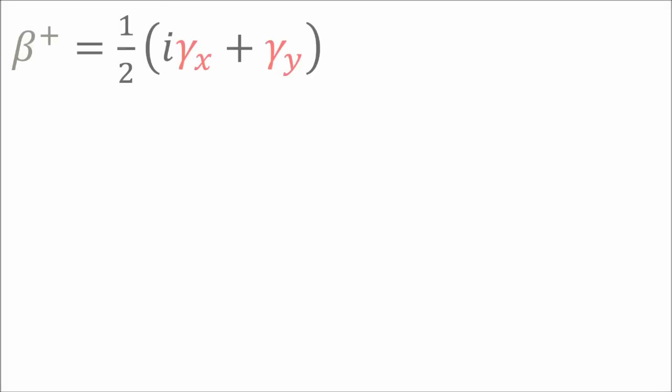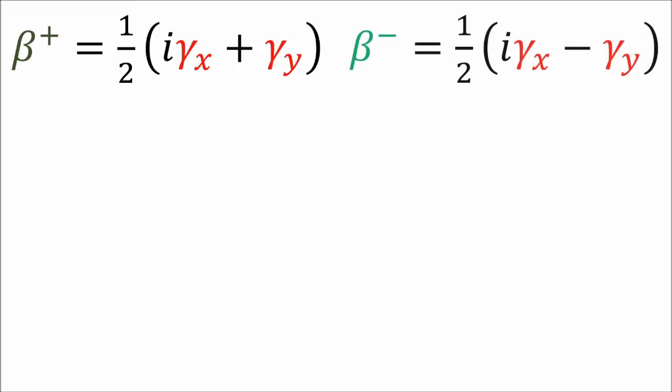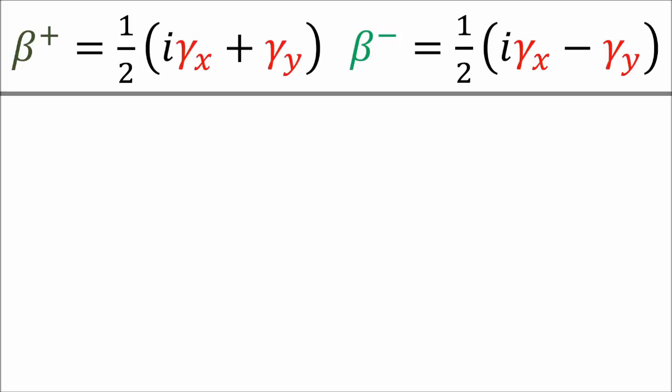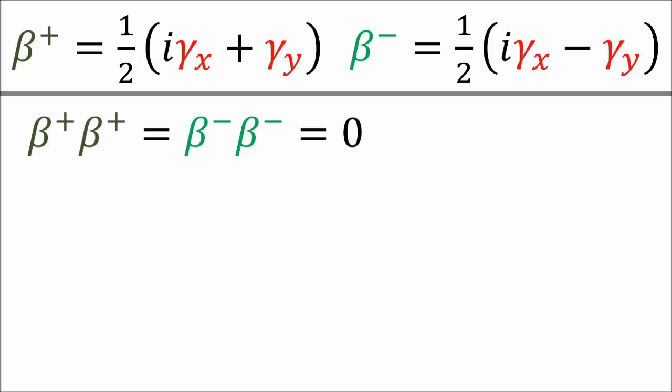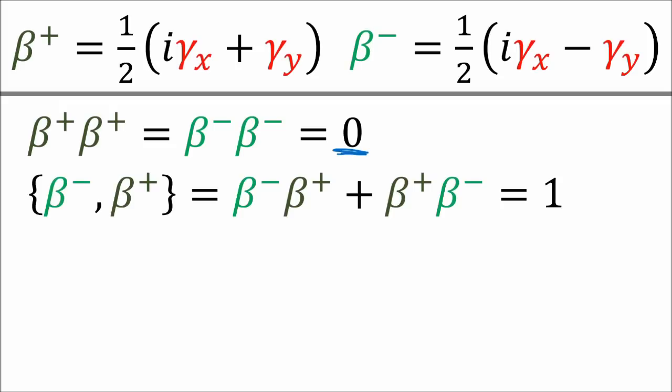I'm going to choose beta plus, which is 1/2 times I gamma x plus gamma y, and beta minus, which is 1/2 times I gamma x minus gamma y. You can go ahead and check for yourself that these elements square to 0, and also anti-commute to 1.